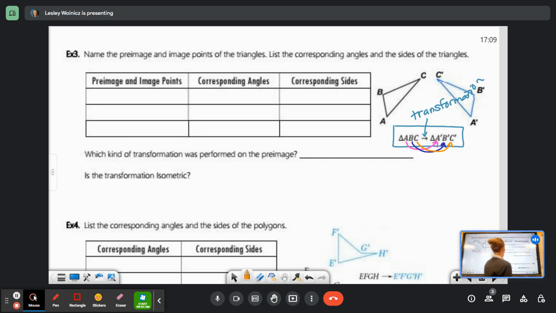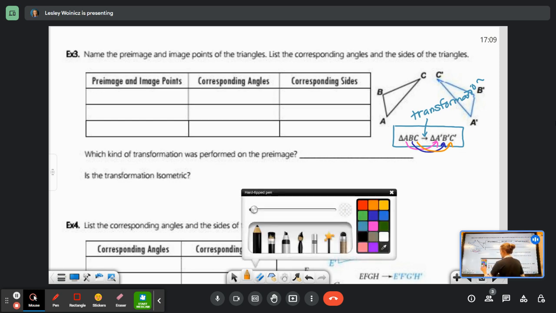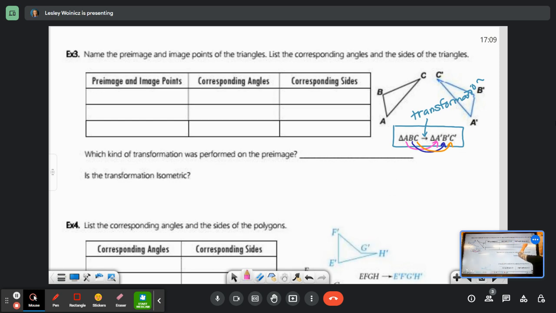Okay, so let's do this. Point A gets transformed into point A prime.